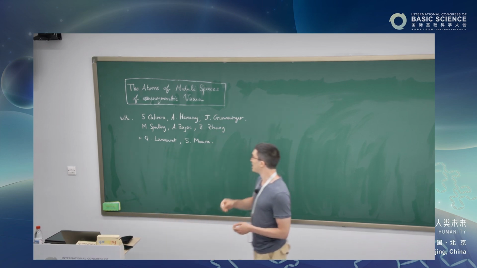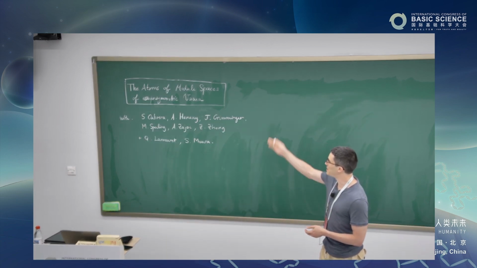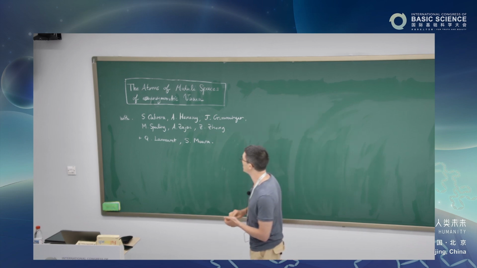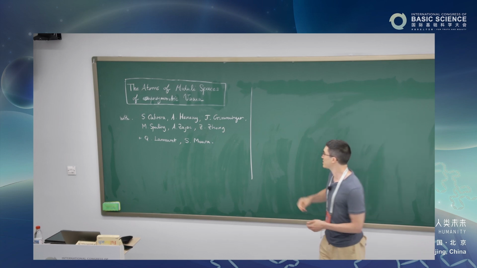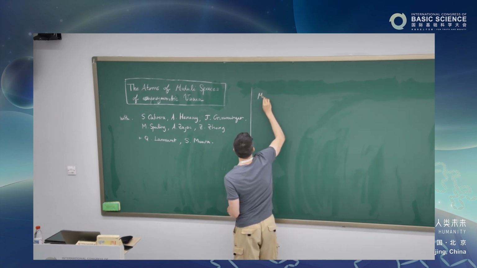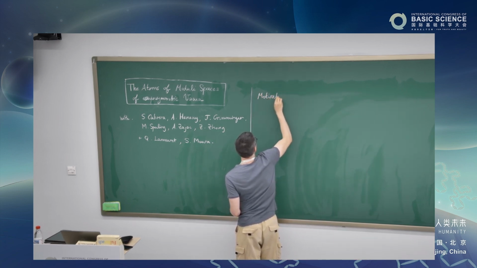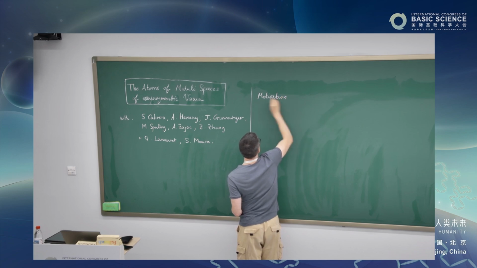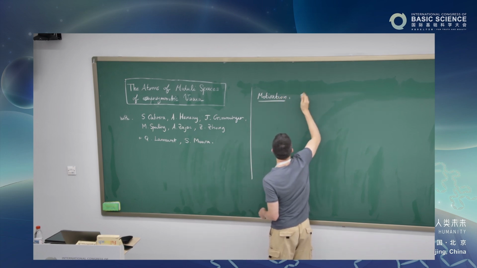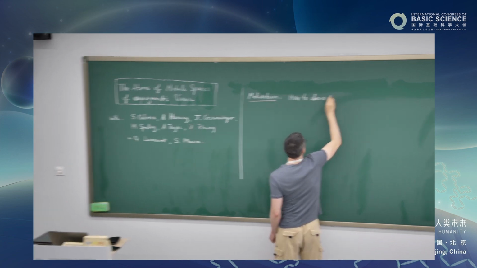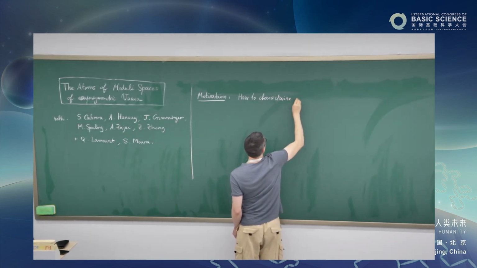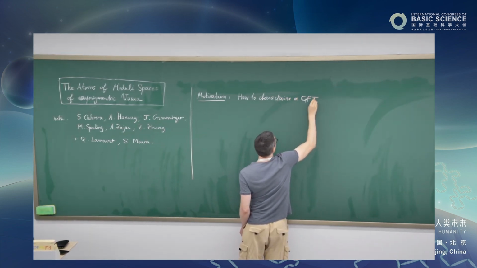And so, yeah, I will try to explain what I mean by the atoms of moduli space of supersymmetric vacua. First of all, as a motivation, my motivation here is to answer a question: how to characterize a QFT, a quantum field theory?